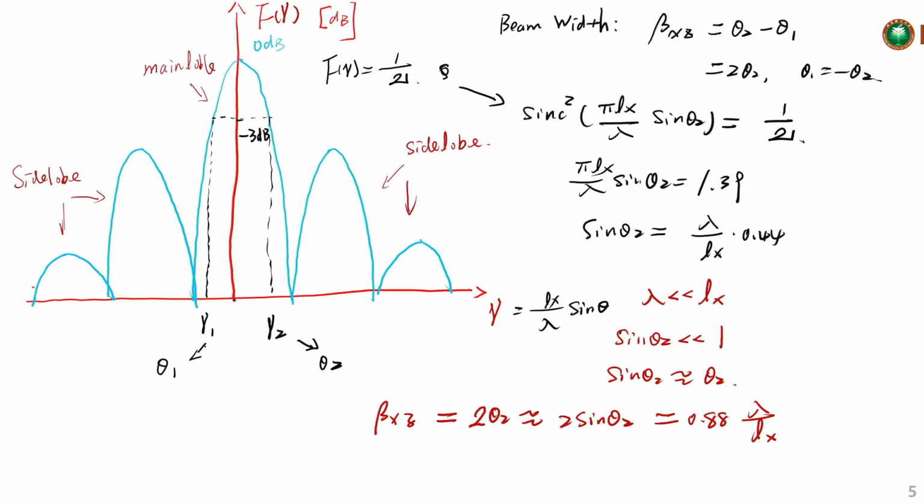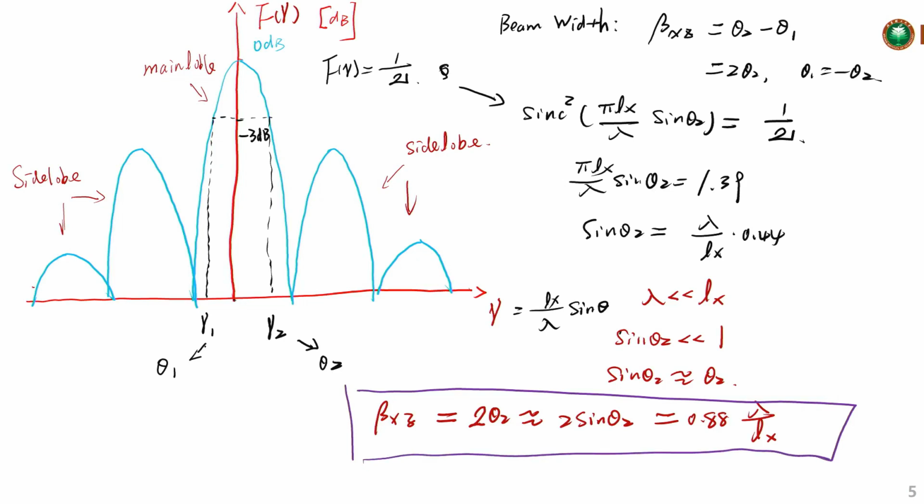Based on this expression, even if we do not measure the half power beam width of the angle, we can calculate it roughly. When we buy an antenna, we know its operating wavelength, and we can measure its dimension, for example by using a caliper. Then we can get the rough value of its beam width, beta x theta.